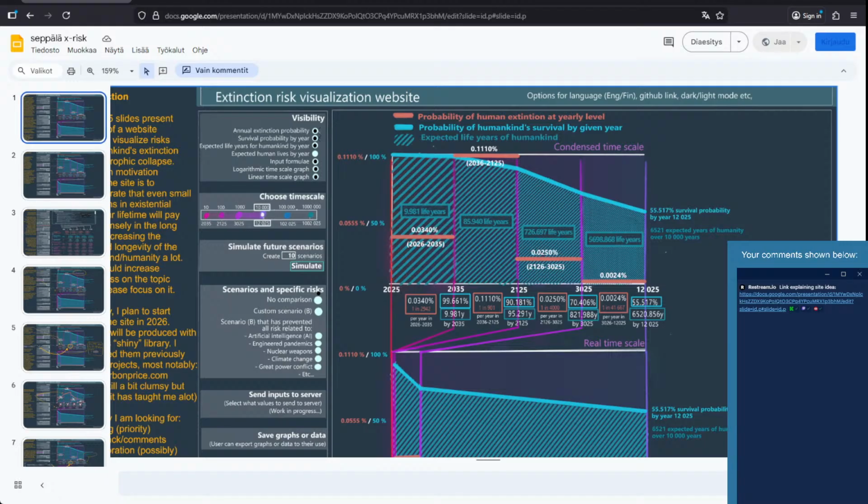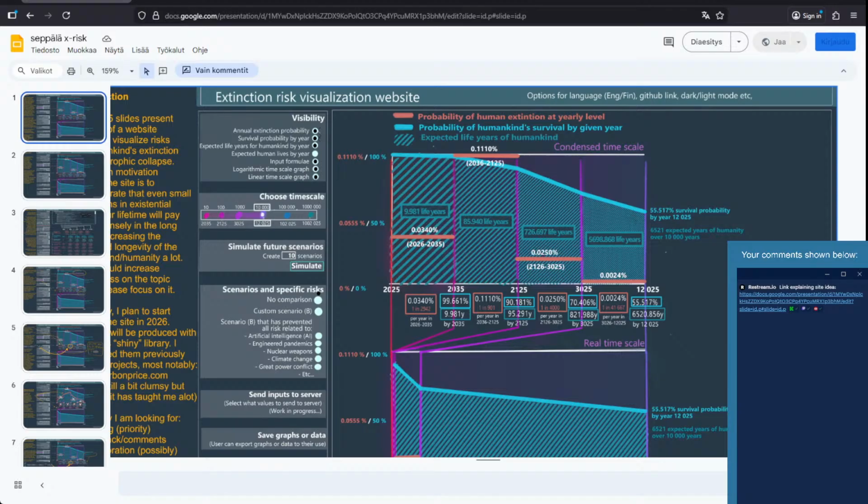And for the extinction probability, I had it so that the years with the highest probability define the upper limit of the scale, and you have to do that because the probabilities are so low, you cannot use 100% or something like that. So for the extinction probability I'm going to use the same approach.